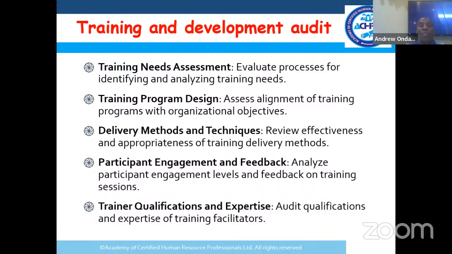The second aspect under training and development is the method of delivery. There are many ways in which training can be delivered, either on the job or off the job. On-the-job methods are those trainings that take place within the premises of an organization. I can give a few examples of on-the-job training.